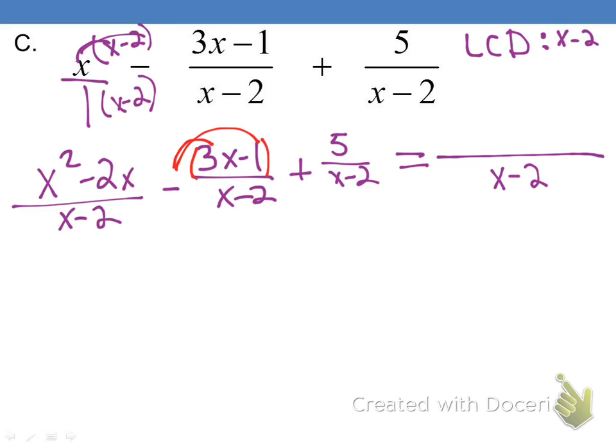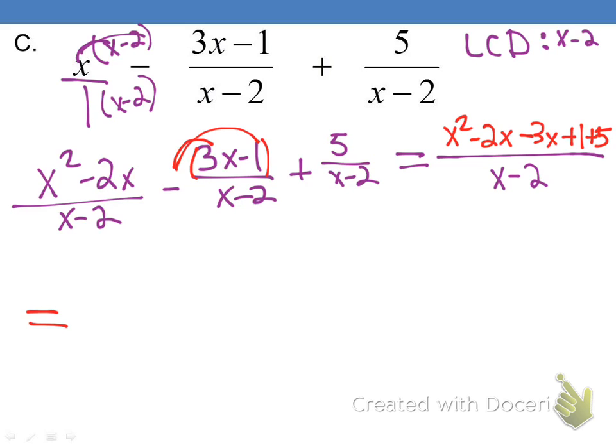So I have x squared minus 2x minus 3x minus a -1, which is plus 1, and then plus 5. I'm just writing it all together, then I'll combine my like terms.